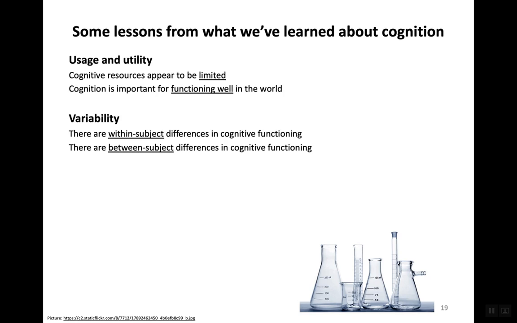And similarly, we have very different cognitive profiles from each other. Some of us are better at some cognitive tasks than others, and some might be worse. So again, there is a huge variety, heterogeneity in our cognitive profiles in terms of what we can do well and what we can do less well.